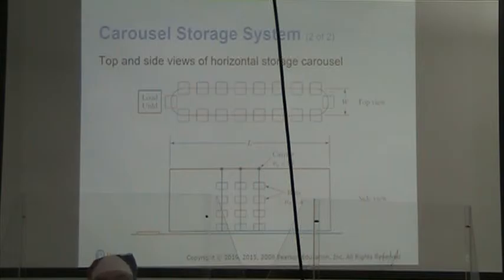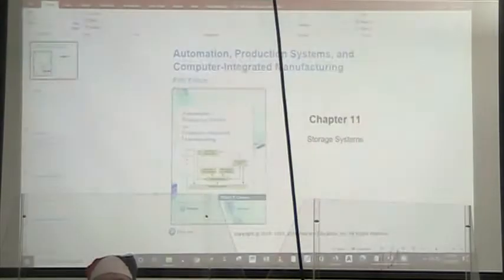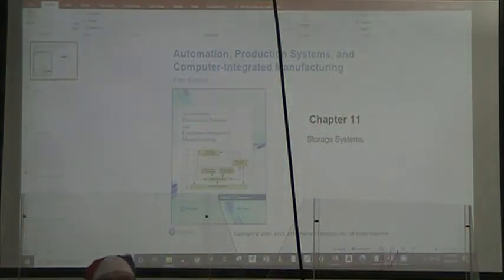And for a carousel storage system, in that case, it's going to be the width and the length, and of course the speed with which it runs is going to be a huge consideration. Okay, so that makes it clear as mud, right?